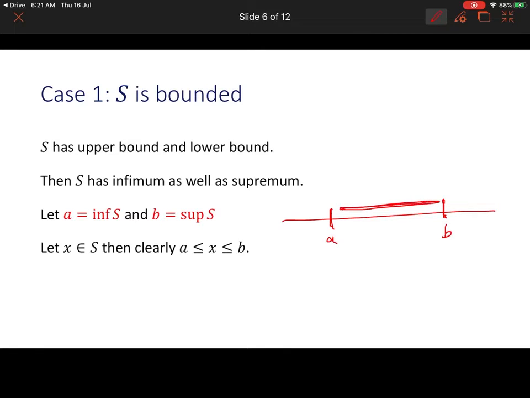So you take any X from capital S, it will lie between A and B. Okay, so let X be an element of S, then A less than or equal to X less than or equal to B. If A less than or equal to X less than or equal to B, this means X is an element of the closed interval AB. So you take any X from S, that is in the closed interval AB, which means S is a subset of the closed interval AB. We need this result.